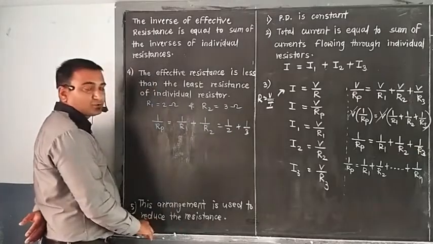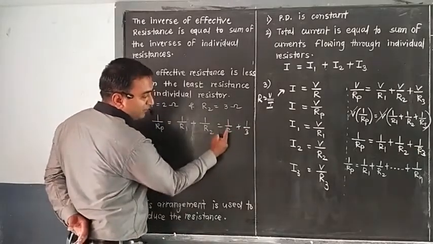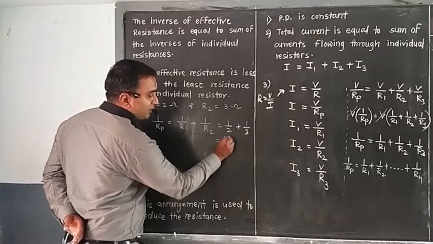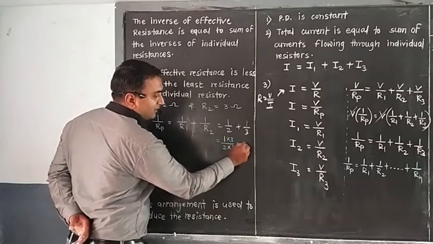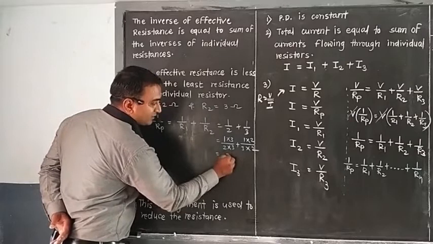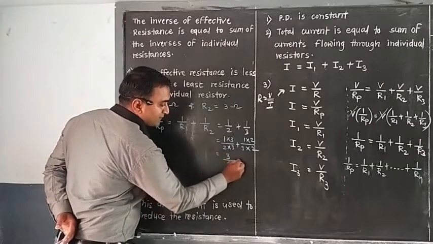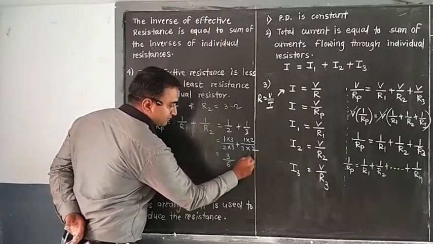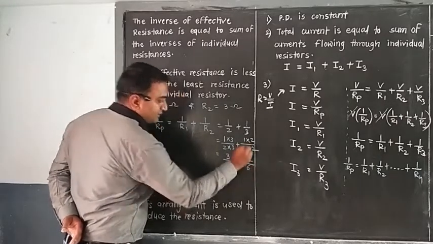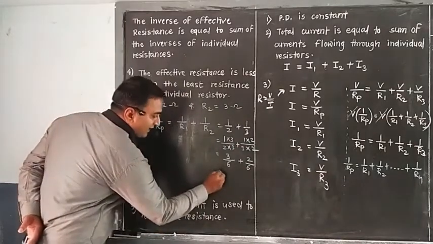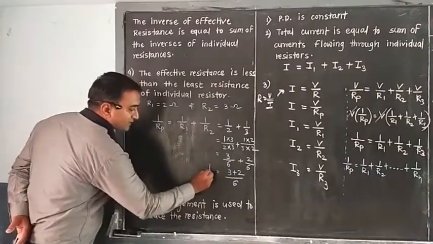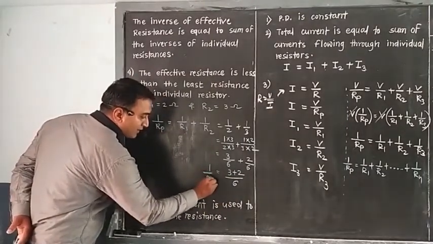Denominators are not the same, so we make them the same by multiplying numerator and denominator by 3 and by 2. So 1 upon 2 into 3 into 3 plus 1 upon 3 into 2 into 2. We are getting 3 upon 6 plus 2 upon 6. So finally 3 plus 2 divided by 6, which is the value of 1 upon Rp.